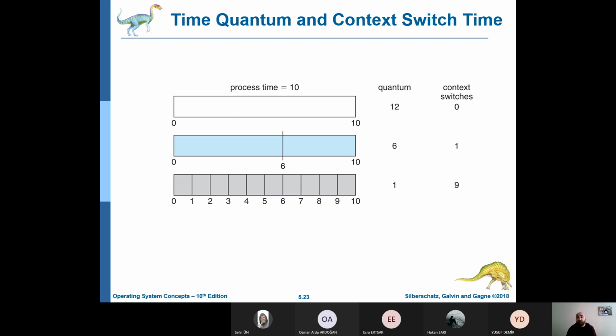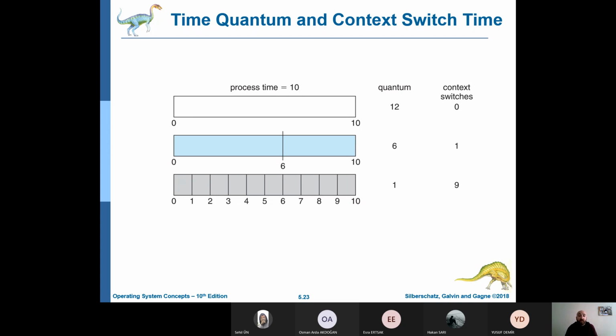If the context switch time is approximately 10% of the time quantum, then about 10% of the CPU time will be spent in context switching. In practice, most modern systems have time quanta ranging from 10 to 100 milliseconds.